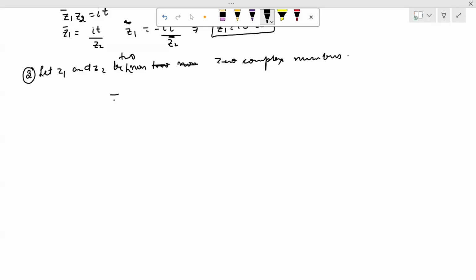And if this is the condition given to you, that is Z1 bar into Z2 minus Z1 into Z2 bar is equal to 0, then what does it imply?